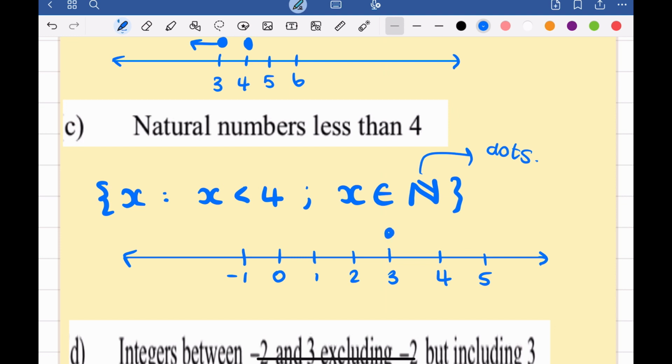So our first dot is going to be on 3. Then we go down to 2. Then we go down to 1. But that's where we have to stop because 0 is not a natural number. And -1 is also not a natural number. Natural numbers only start from 1 going up. It's integers starting from 1. Okay. And our restriction says it has to be less than 4. So that is all you draw for this one.